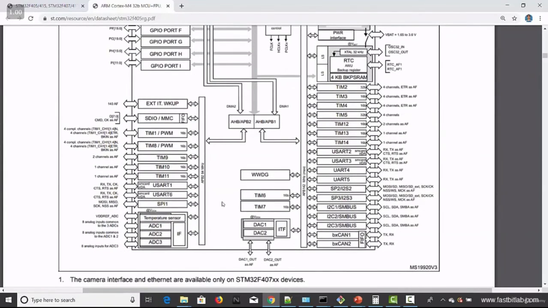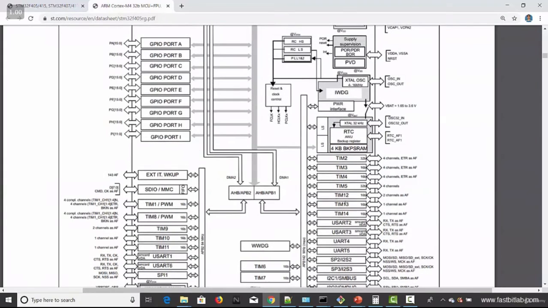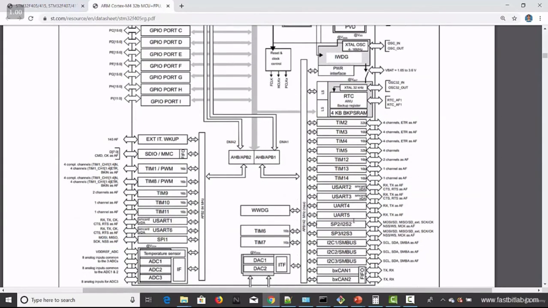Most of the communication related peripherals such as UART, SPI, I2C, CAN are all connected to the APB1 bus. Let's say you want to connect to a sensor which is based on I2C, you connect to the pins of the I2C, and that traffic is carried over APB1 bus.